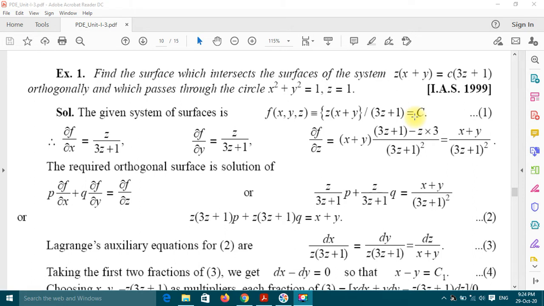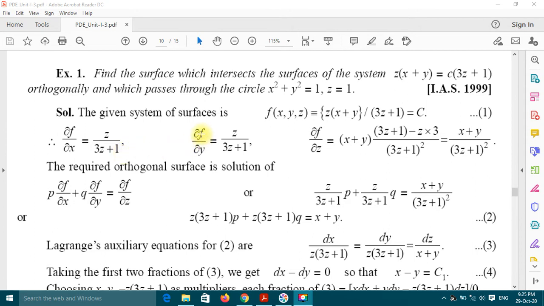Now we first find the partial derivatives of f with respect to x, y, and z, because these partial derivatives denote the direction ratios of the given family of surfaces. So ∂f/∂x is z/(3z + 1), because if we partially differentiate f with respect to x, then y and z are treated as constant.